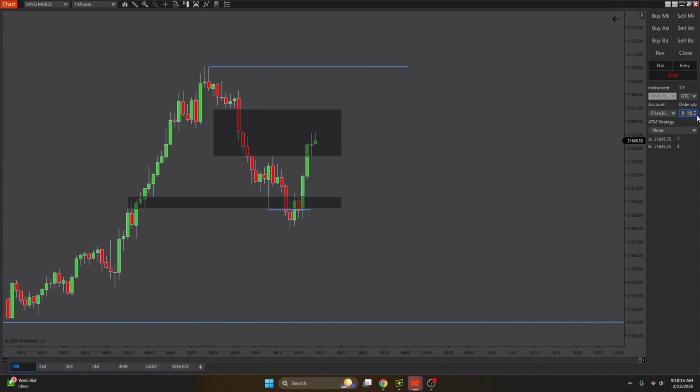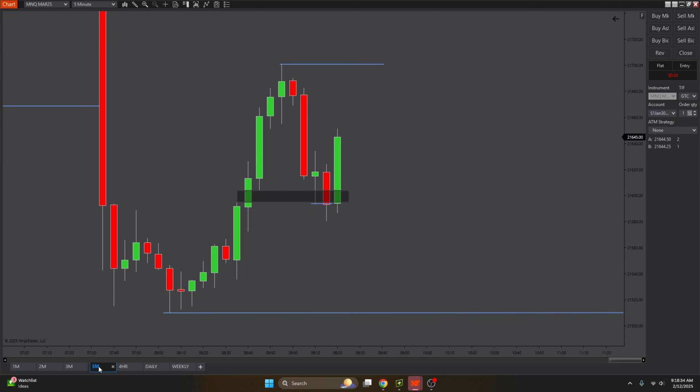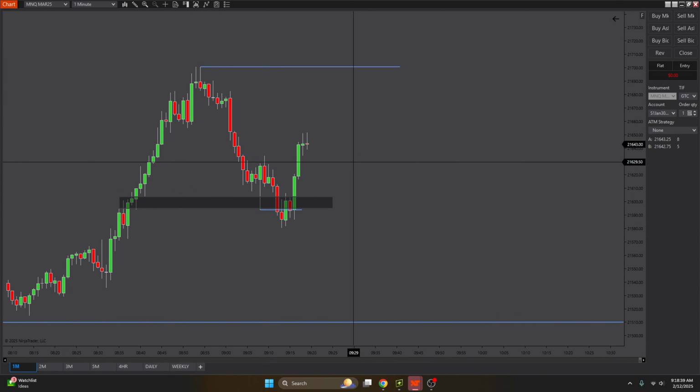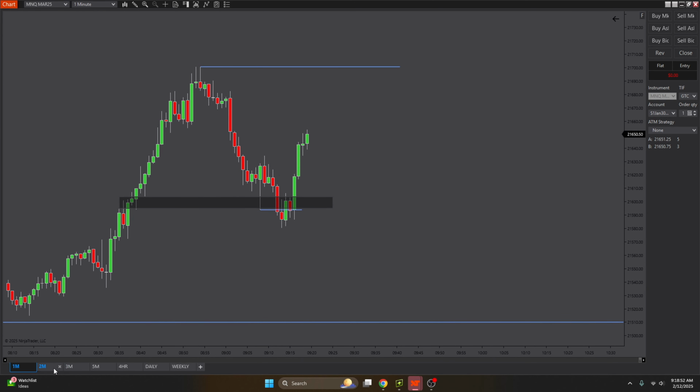We'll do a starter position here on this fair value gap, and then we can get into some down here. So I do want to see it come down to this one. Take this 5-minute off. Get our fib out real quick. See what we're looking at. As if we wouldn't even come back down here.